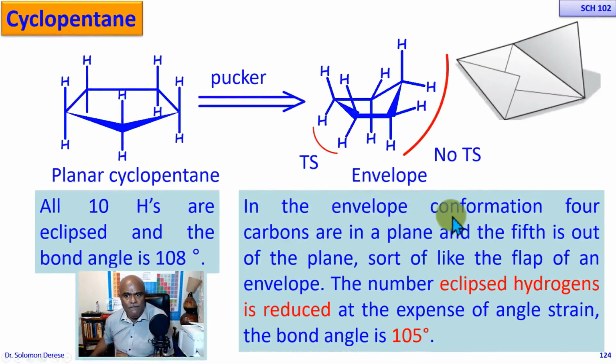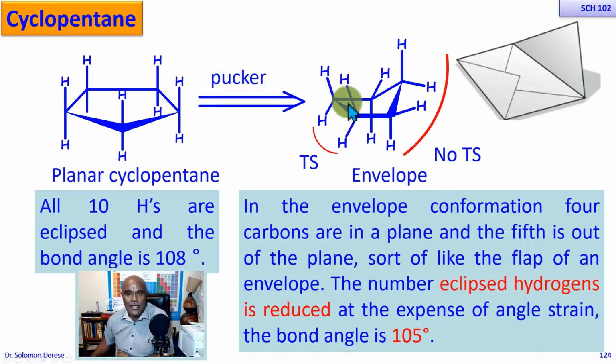So in the envelope conformation, the four carbons, 1, 2, 3, 4, are in the same plane. The fifth one is out of plane like the flap of an envelope. The number of eclipsed hydrogens is reduced. These ones are no more eclipsed at the expense of angle strain.